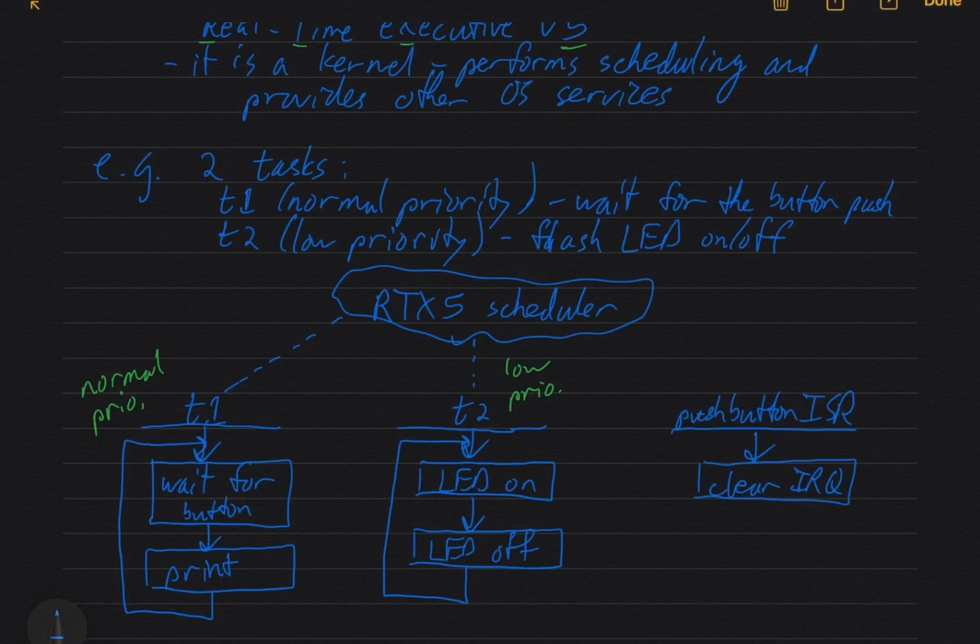And then it is going to set an event flag, and this is actually what T1 is waiting for, and that's the whole of the ISR. And so the push button ISR runs independently of the scheduler, but when it runs, by setting that event flag, that then enables T1 to be run whenever the scheduler thinks it should next run.